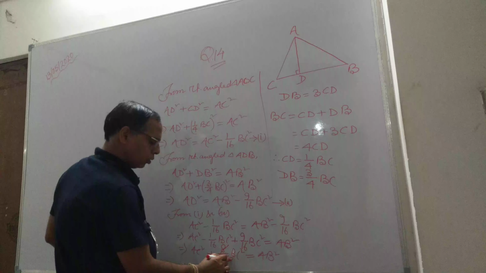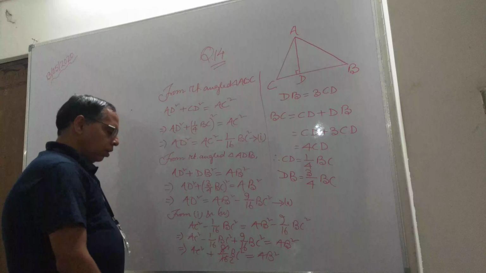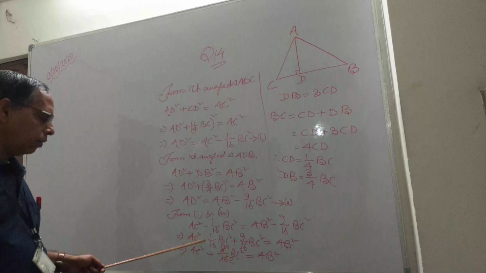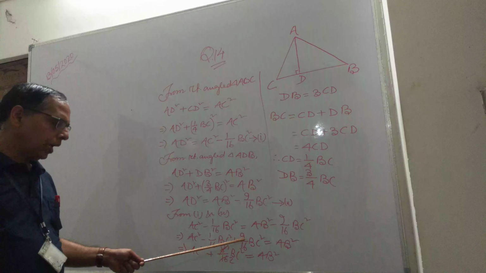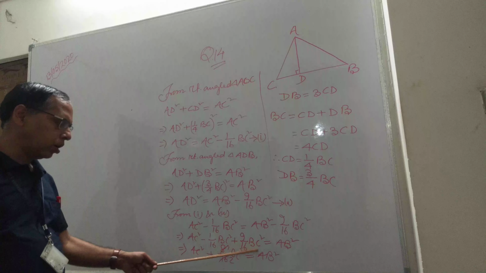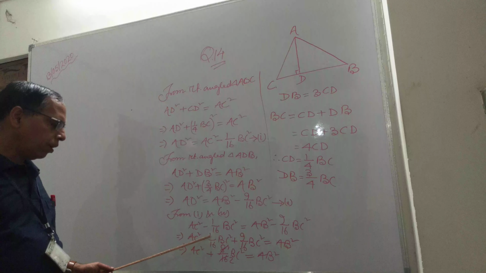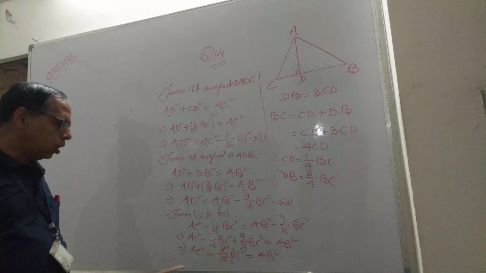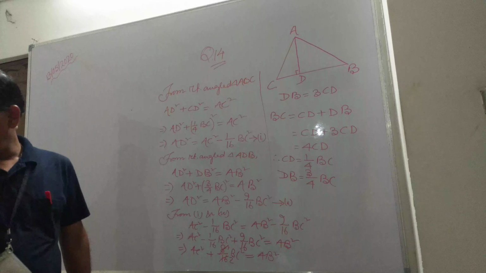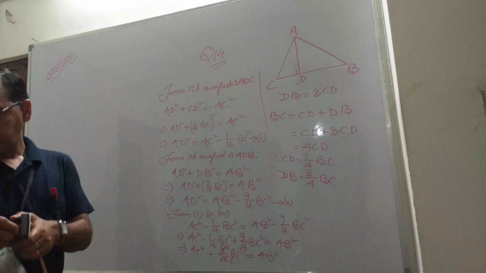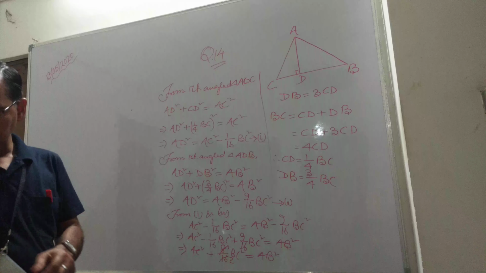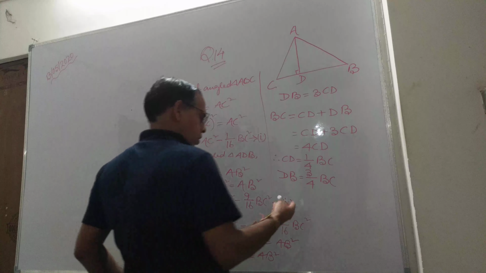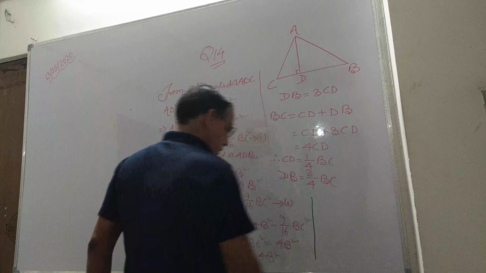See, 2, 1. Then you see minus 1 by 16 and plus 9 by 16, both BC square. Then what will happen? So 9 minus 1 is 8, 8 by 16, 1 by 2. Now you take the LCM, and then you see.